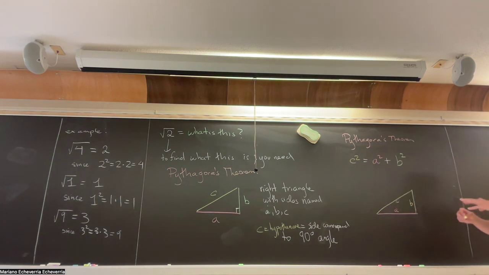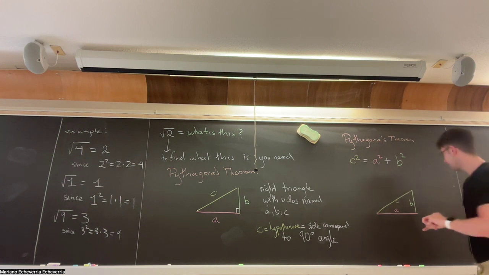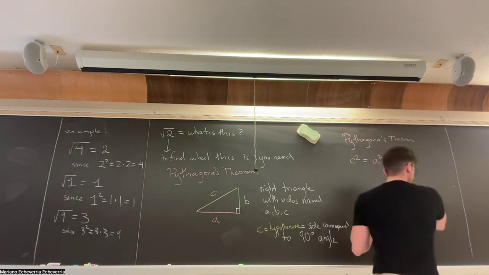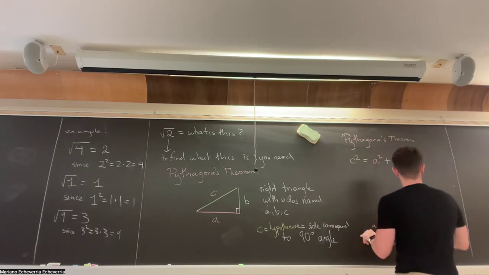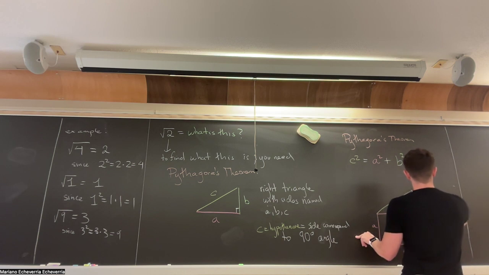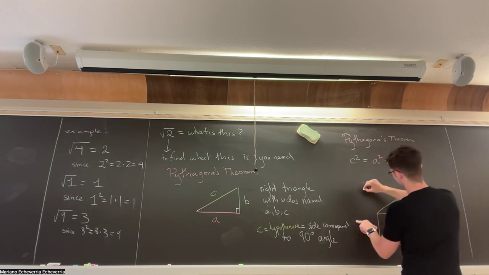The idea is that if you had a right triangle, you can make three squares in this picture. So what are the squares? One square has side equal to A. The other square has sides equal to B. And the other square has sides equal to the hypotenuse.